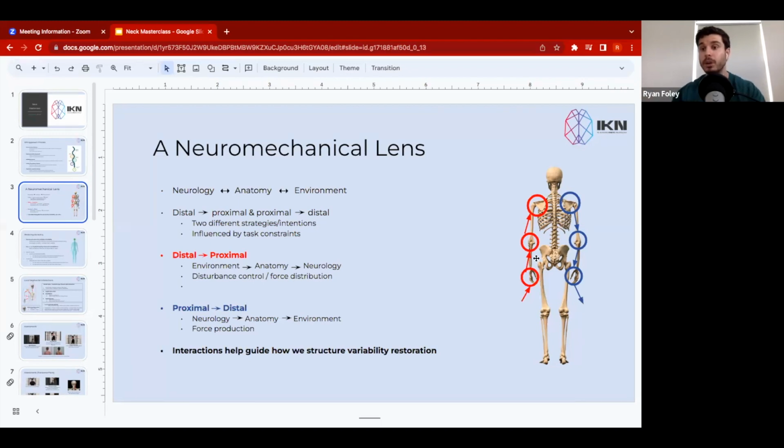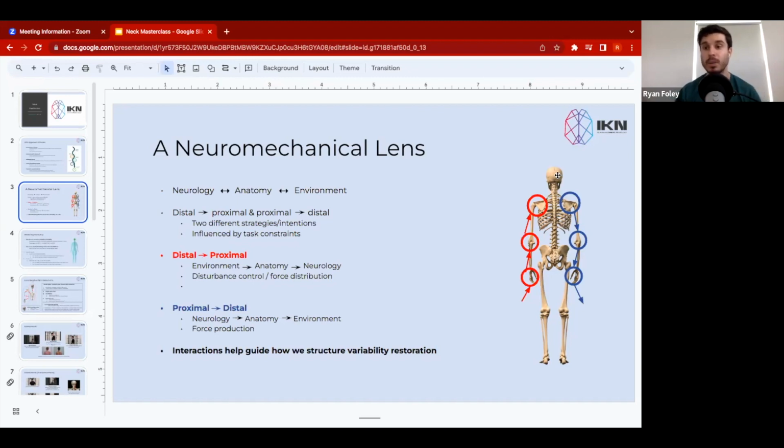So we want to build an upper limb that has the capacity to manage forces, to give the midline structures, the cervical spine, rib cage, thoracic spine, and head, the opportunity to express less muscle activity and express a bit more variability. Okay, and we restore the upper limb's ability to handle those forces.